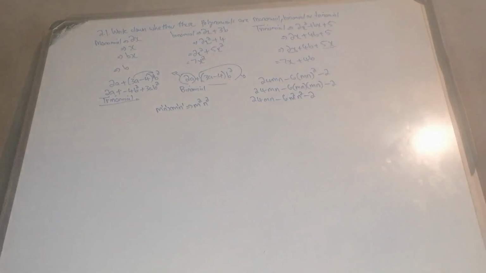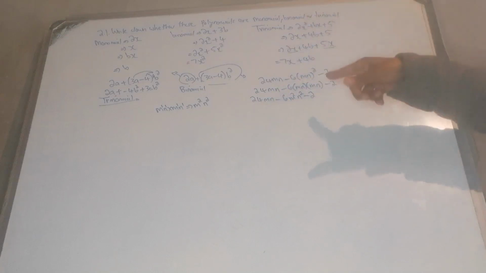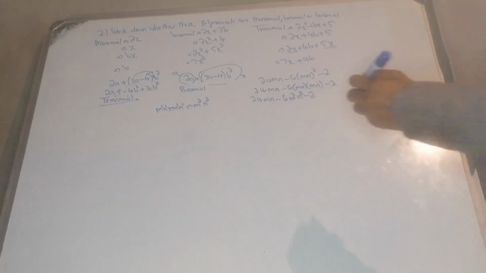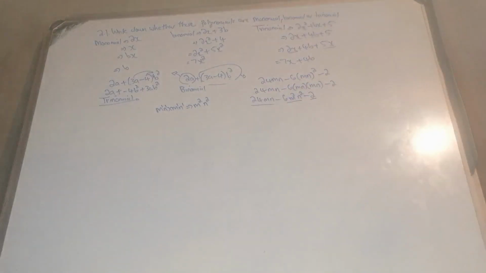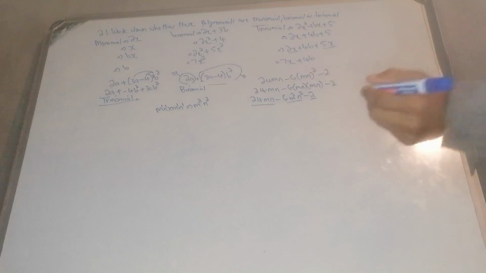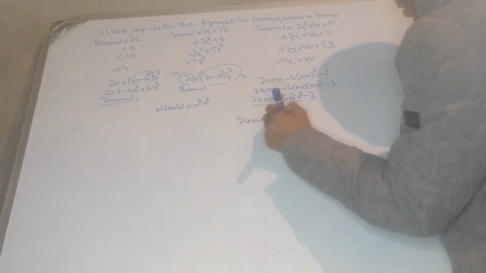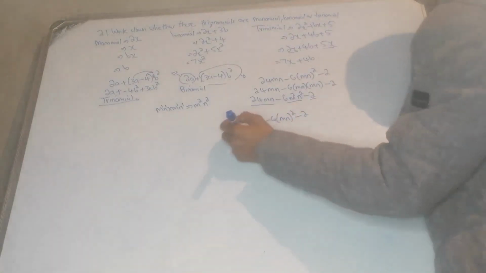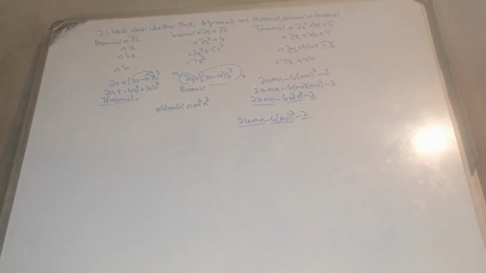Now, is this a monomial, a binomial, or a trinomial? A trinomial. Yes, 1, 2, 3. This 24mn minus 6mn squared minus 2 has a first term, second term, and third term.